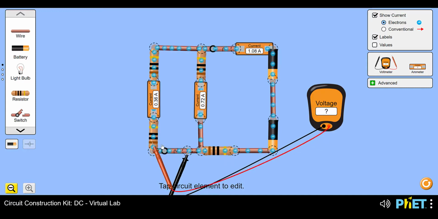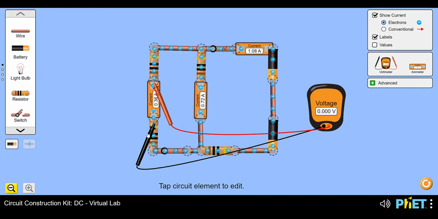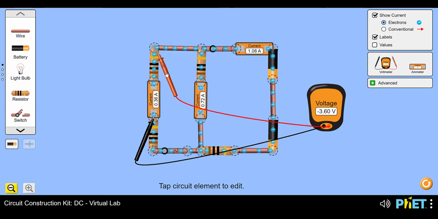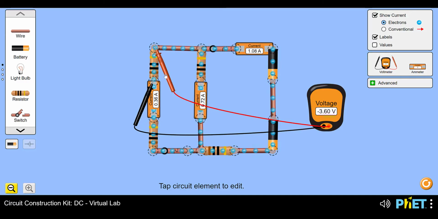There's none across this wire. Then the potential decreases by 3.6. And then across this final resistor, it decreases by 3.6 again.